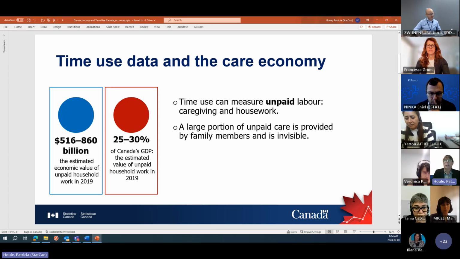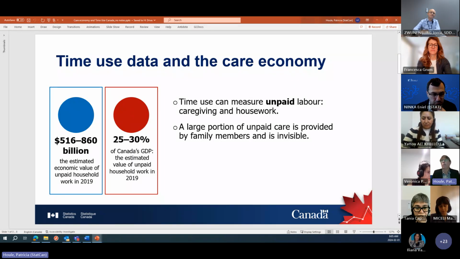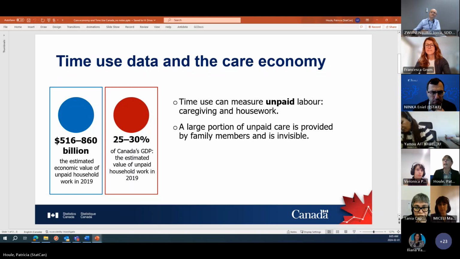So in 2019, using 2015 data and previous, we've estimated the amount of unpaid labor between $516 and $860 billion, depending on how it was estimated. So between 25 and 30% of Canada's GDP.